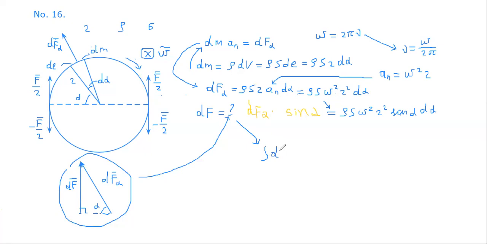dF is equal to the integral of rho S omega squared, r squared, sine alpha d alpha, sine alpha d alpha.